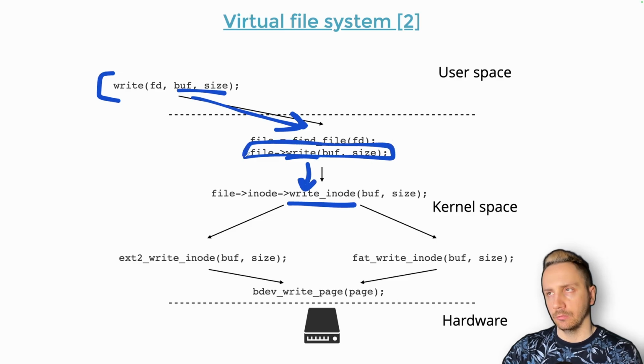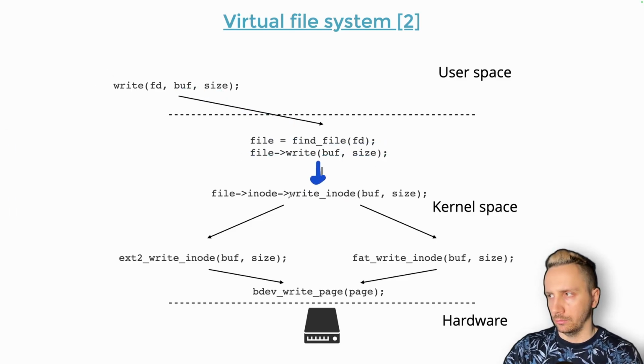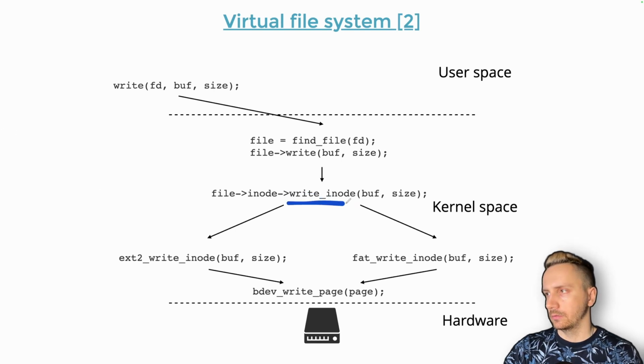It could be a console, a socket, or a pipe. But if it's a file, we will eventually reach a place where we call inode write inode, and then it will branch out, because this is already a virtual call, which for different file systems will be implemented differently.